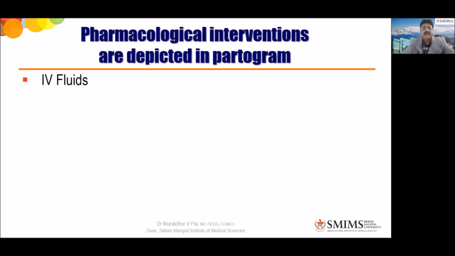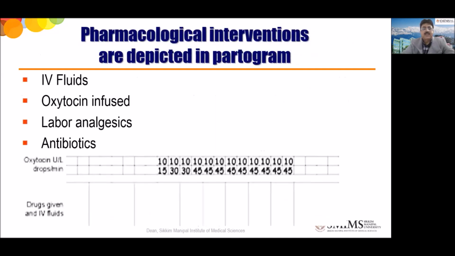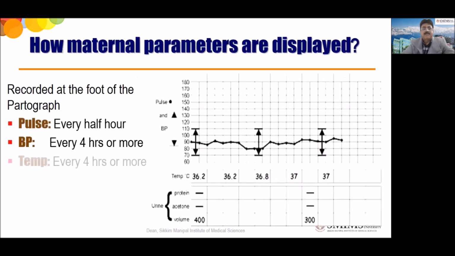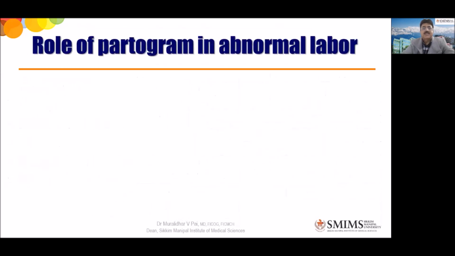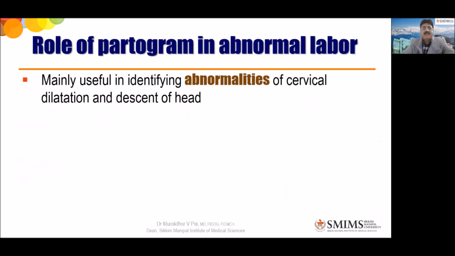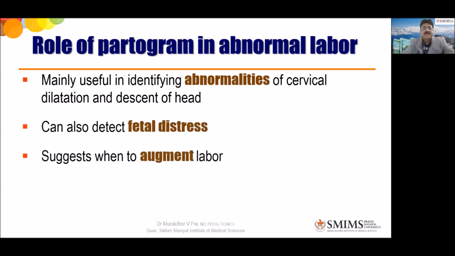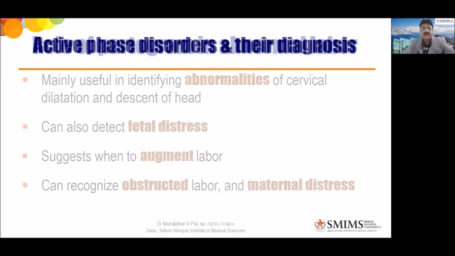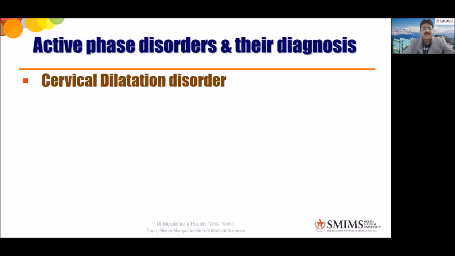As far as other things, whatever you give is noted, IV fluids and other things, and maternal parameters, pulse, BP, temperature is also noted. And this is the role of the partogram, now we have understood: it can detect fetal distress, it will suggest augmentation, and most importantly it will recognize abnormalities. That's how you can recognize obstructed labor, maternal distress, prevent maternal death.